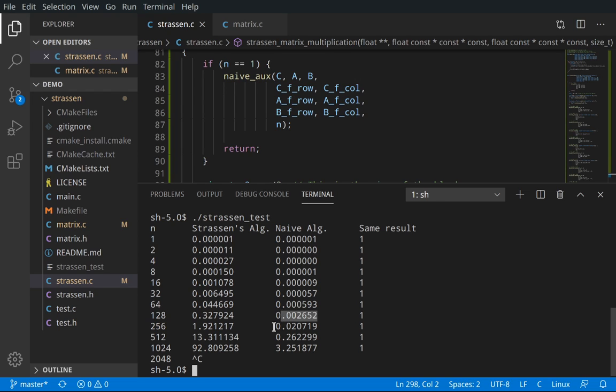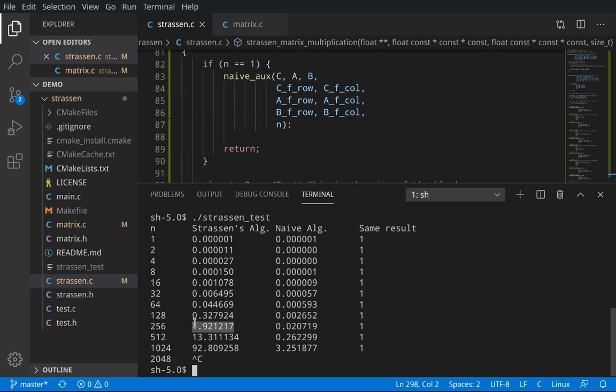As you can see here, we have a growth which is more or less 1/8. So moving from 128 to 256 grows the execution time by 8 in the naive algorithm, while here the growth is smaller.